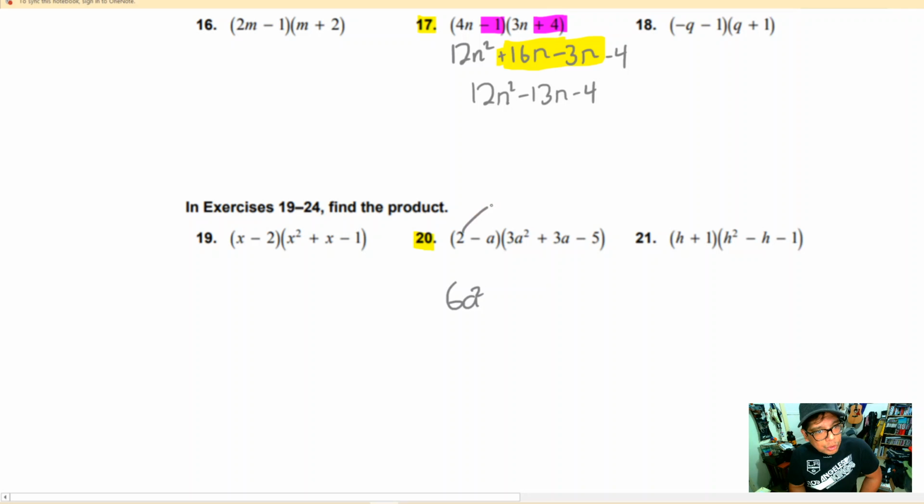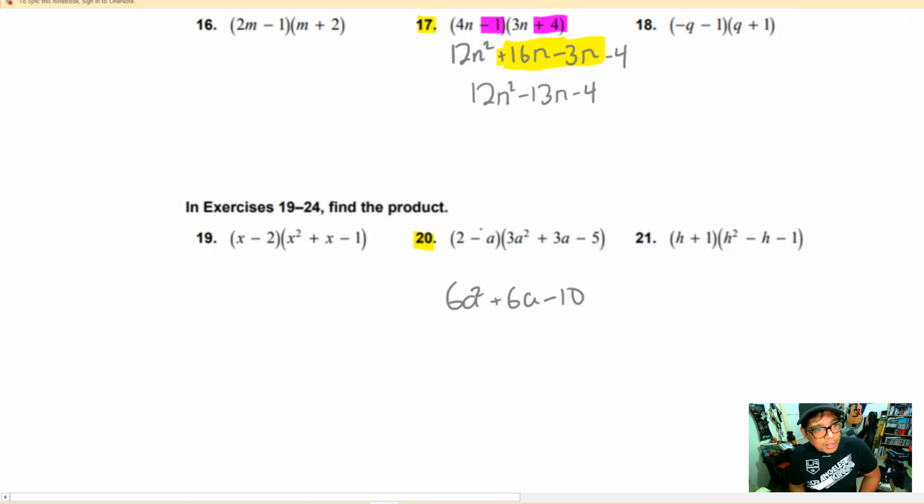Then I'm going to do 2 times 3a, and that is 6a, so plus 6a. And then I'm going to do 2 times minus 5, that's minus 10. And now I've multiplied this 2 by every other thing inside this trinomial.